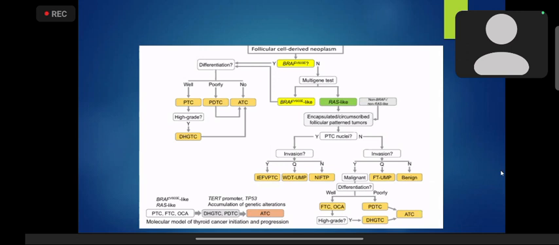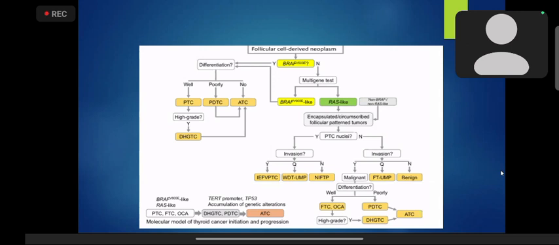Having said that, RAI is given in all patients because even if they have a significant amount of well-differentiated component, it is better than not giving it at all. You understood, or am I confusing everybody? Some differentiated component will act, and at least it will respond to RAI. Correct.